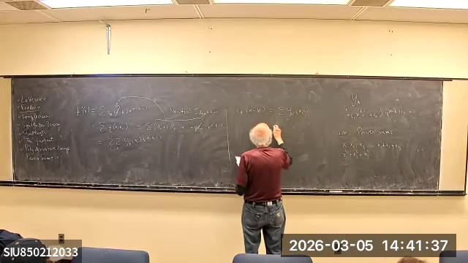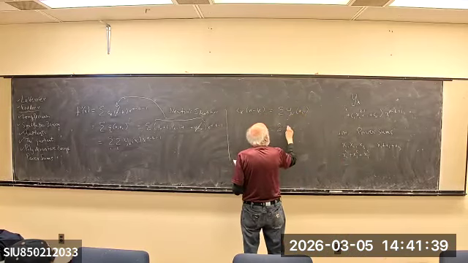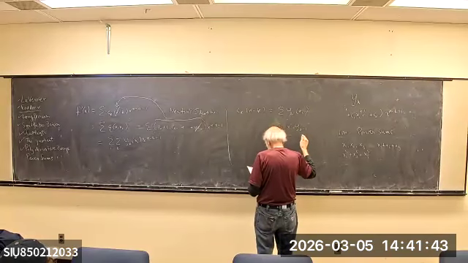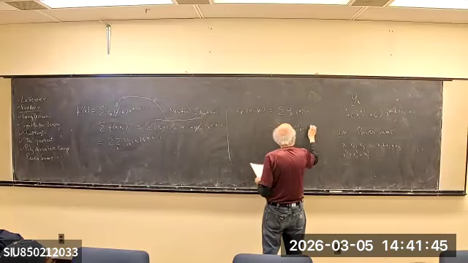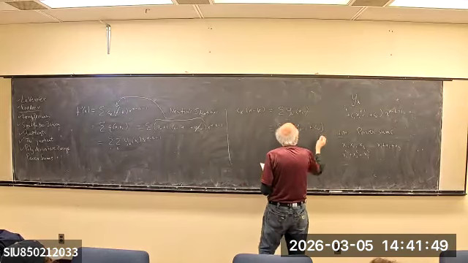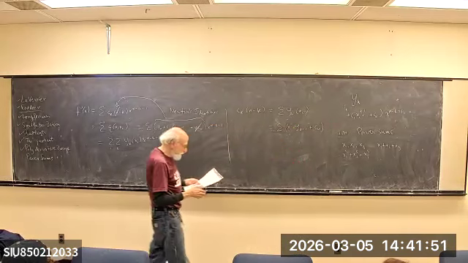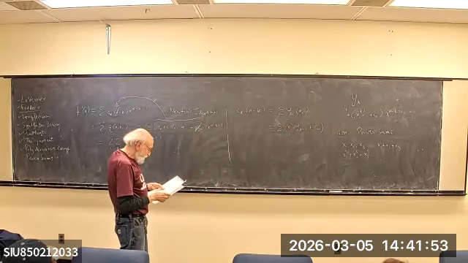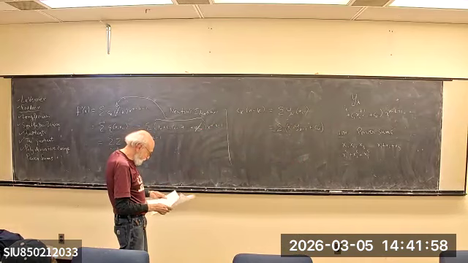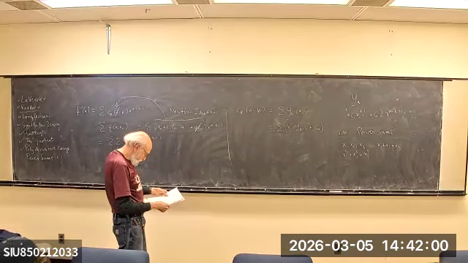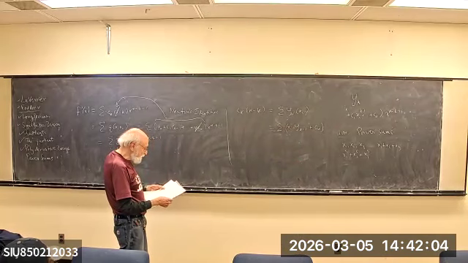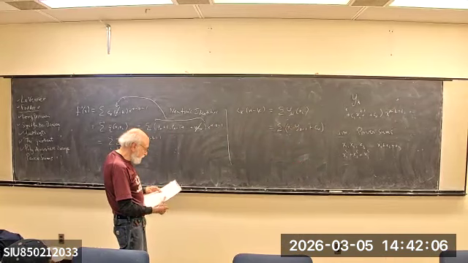Now, what does yk of xi mean? This is xi yk minus 1 plus ck. Right? That was a recurrence. Okay. Well, how did I get rid of the n?